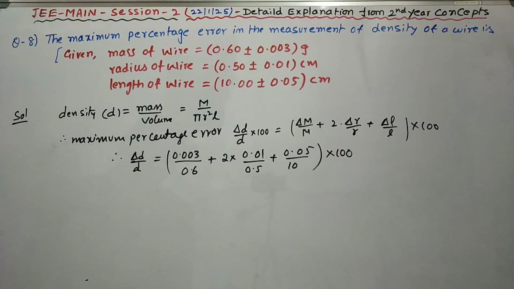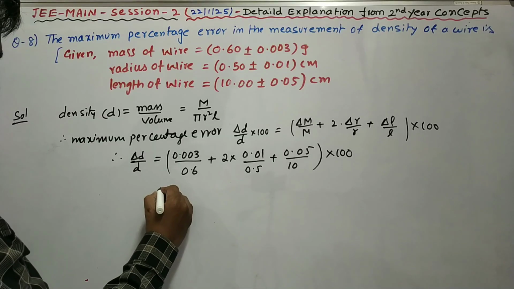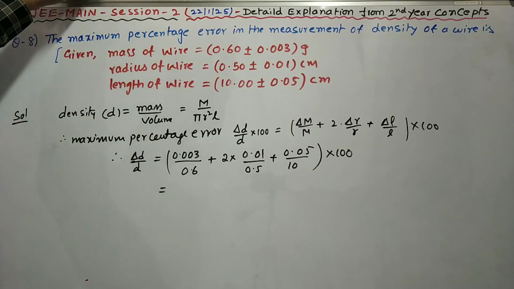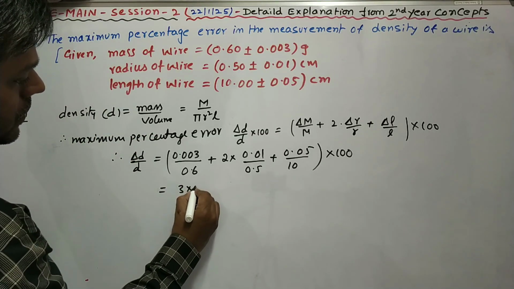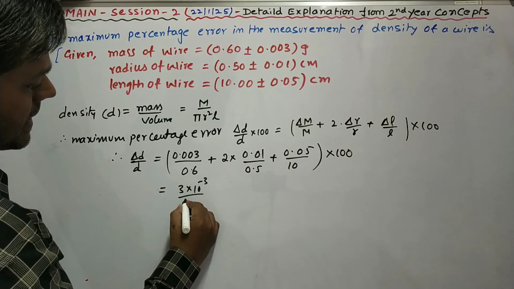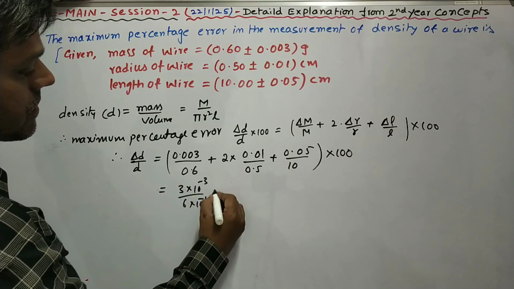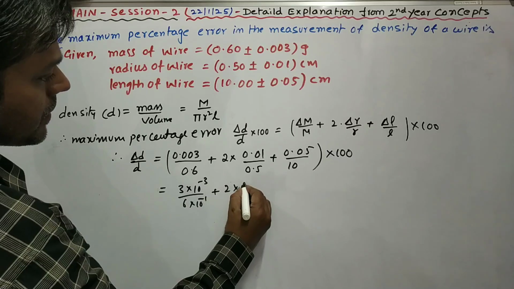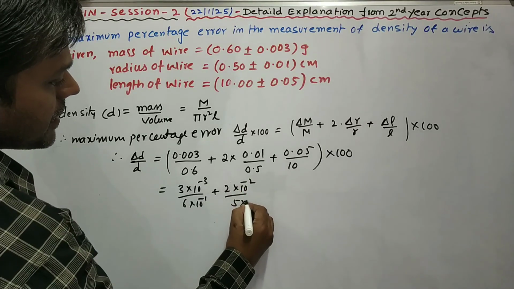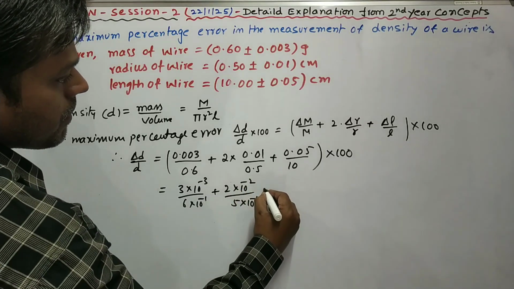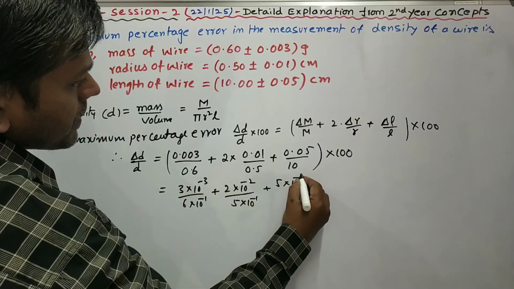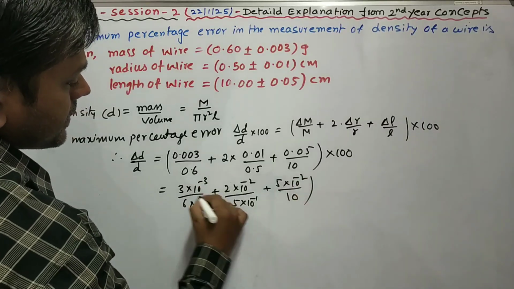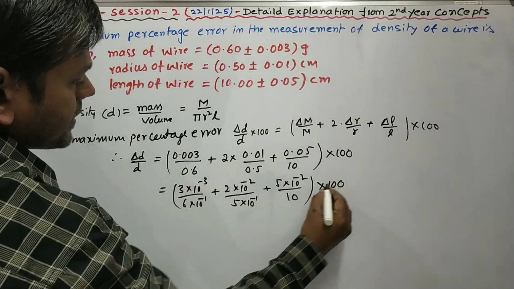While simplifying, this is equal to 3 into 10 power minus 3 by 6 into 10 power minus 1, plus 2 into 10 power minus 2 by 5 into 10 power minus 1, plus 5 into 10 power minus 2 by 10, into 100.